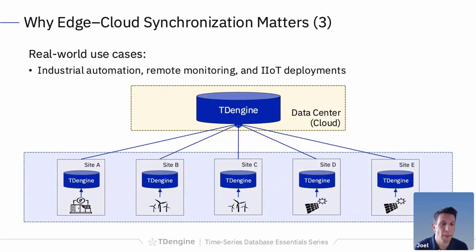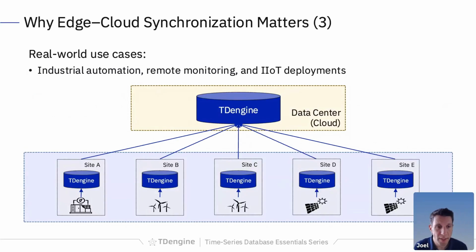Making this a bit more real world, here's an example of how TDengine has been deployed for a customer where they are using TDengine Cloud that is hosted in the cloud of their choice. That is also being connected to their sites.